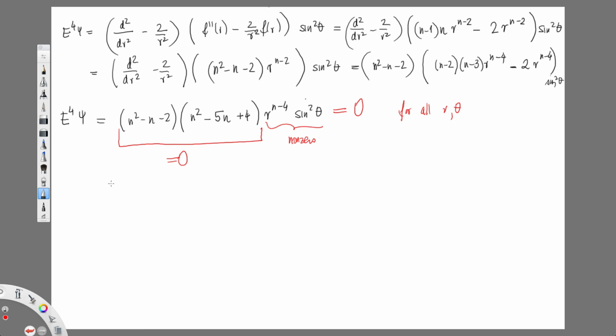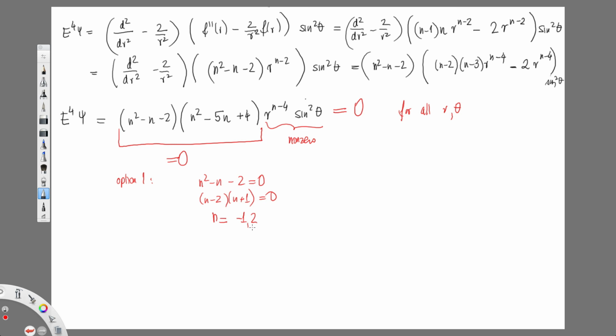So my first option is that n squared minus n minus 2 is equal to 0. This is really n minus 2 times n plus 1, or you just solve the quadratic equation, however you want to deal with it. So my n is either minus 1 or 2.